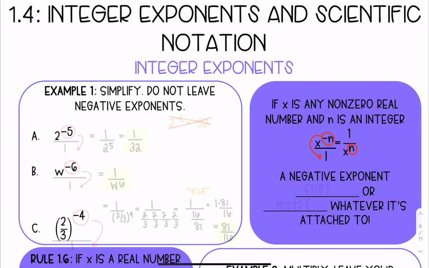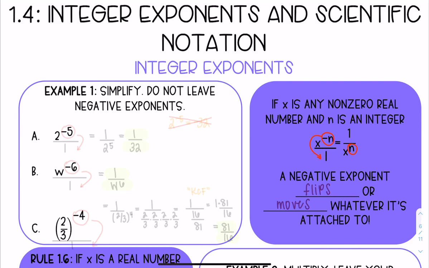And so a negative exponent flips or moves whatever it's attached to.